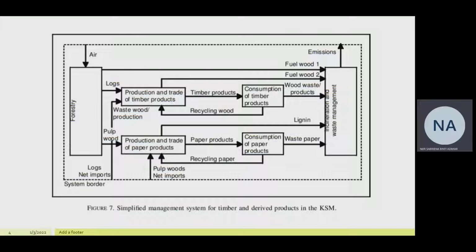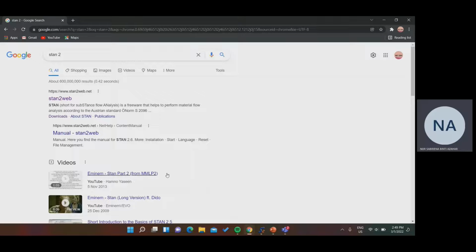These include household, industry, and trade consumer paper products, which are transferred to the incineration and waste management, or returned to the paper production as recycled paper. The last process is the incineration and waste management. In this process, the various material flows of timber and derived products are burned or treated otherwise and transformed into emissions.